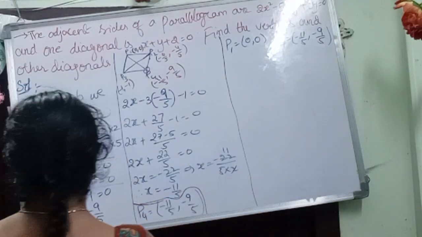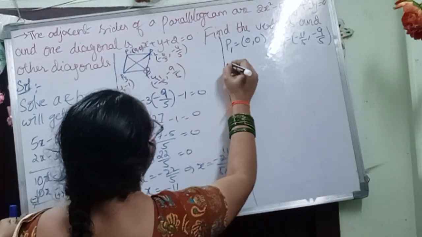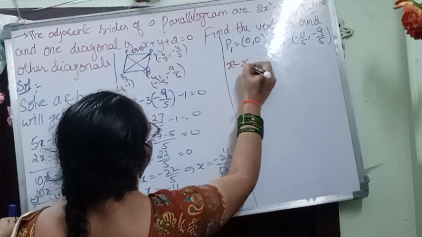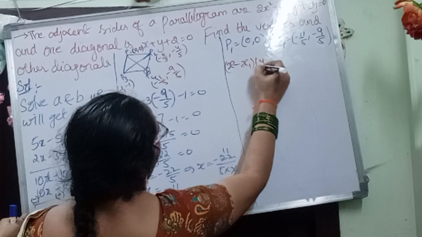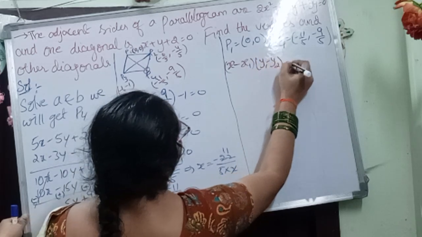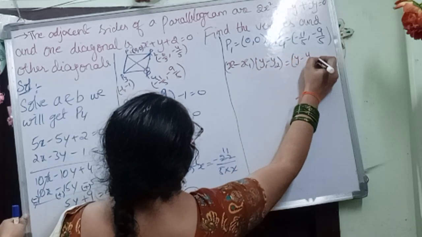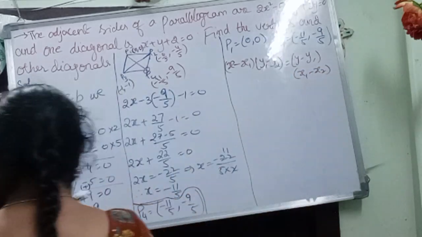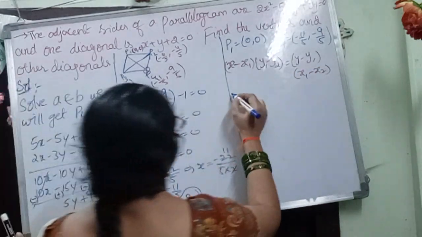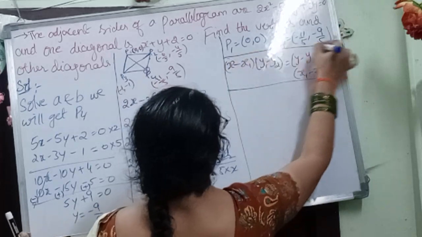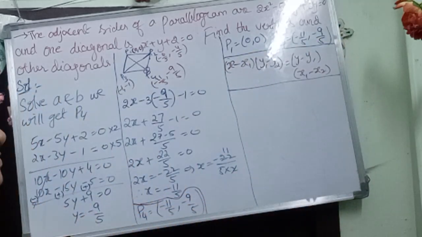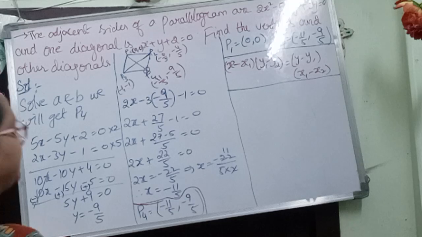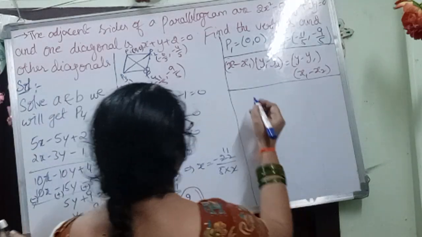What is the equation? x minus x1 into y1 minus y2 equal to y minus y1 into x1 minus x2. Using that equation we have to get the equation of the diagonal.